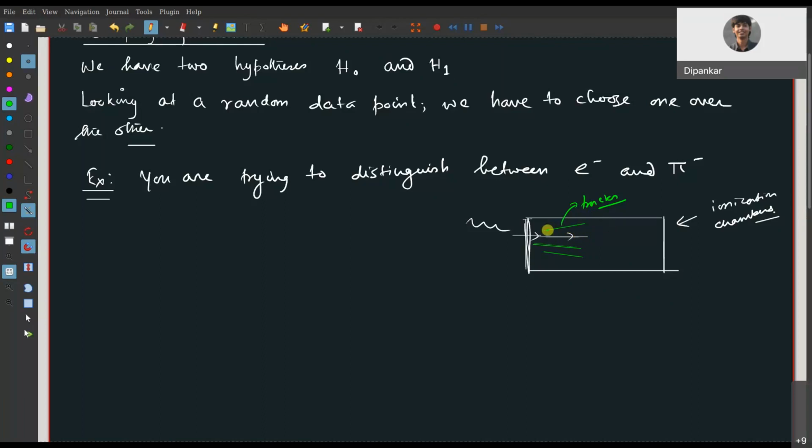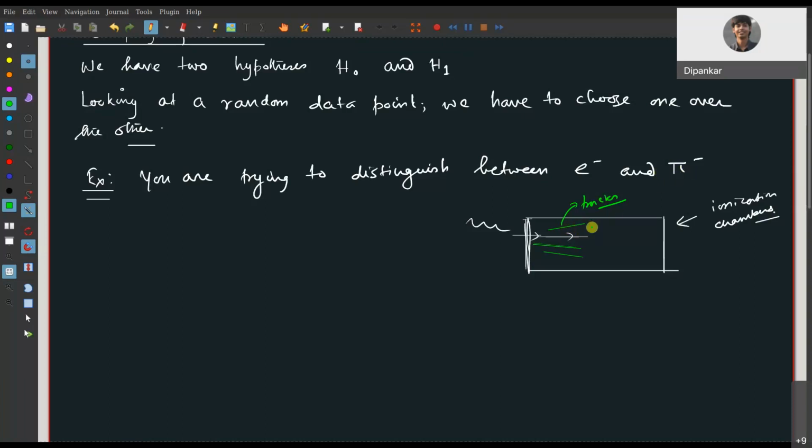You have done millions of such experiments where you know that only electrons are coming, and you have also done millions of experiments where only pions are coming.